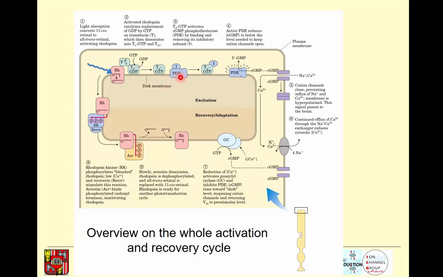This activates phosphodiesterase. The phosphodiesterase in turn hydrolyzes cyclic GMP to GMP. And you can see here this channel, 90% sodium, 10% calcium, is only opened in the presence of cyclic GMP. When cyclic GMP drops, the channel closes in turn.